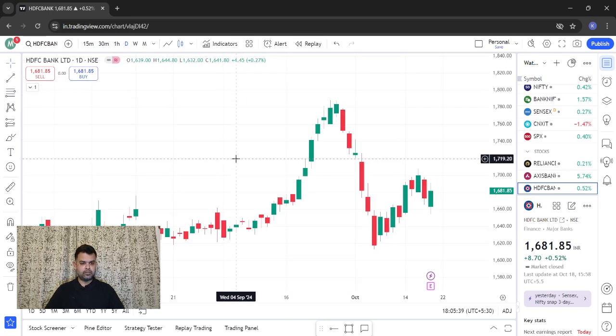So there are many tools in TradingView, but we are going to get started with a few tools that we need to be familiar with.